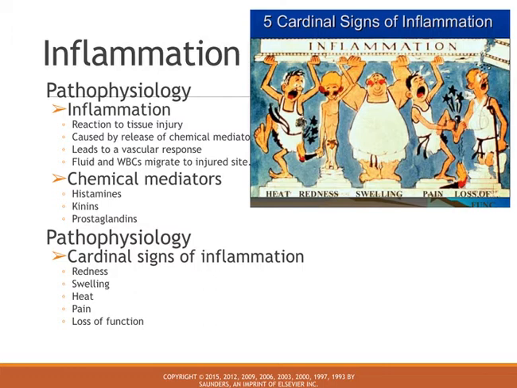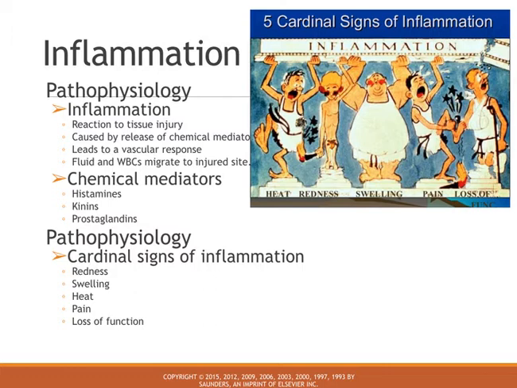Those are the substances that produce fever, and those interfere with temperature regulation in the hypothalamus. The pain is caused by tissue swelling and the release of the chemical mediators. Loss of function happens because of the accumulation of fluid in the tissue injury site, and because of pain too, because that decreases the mobility of the affected site.